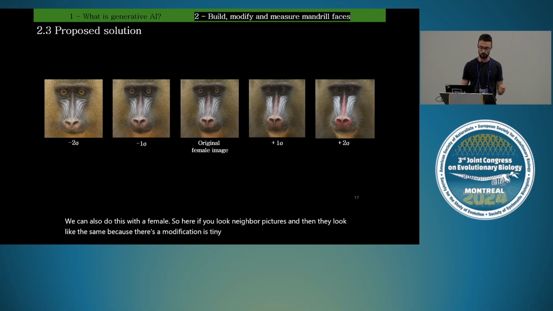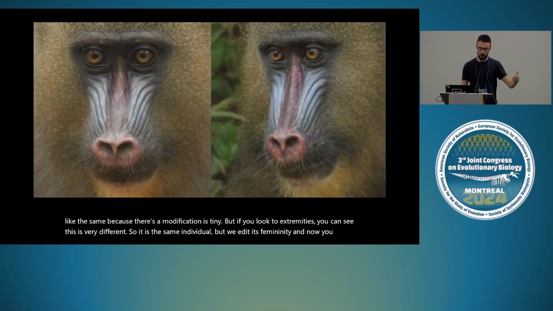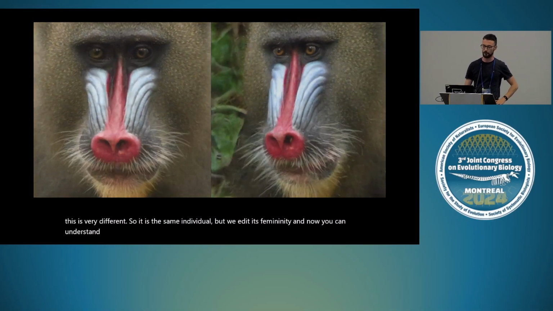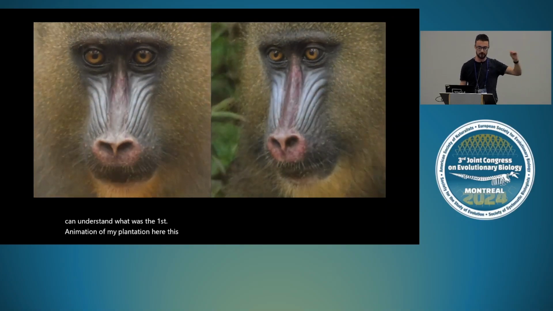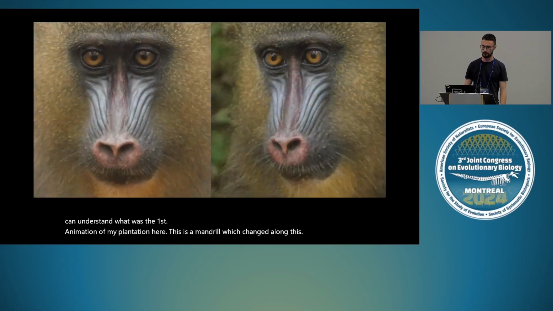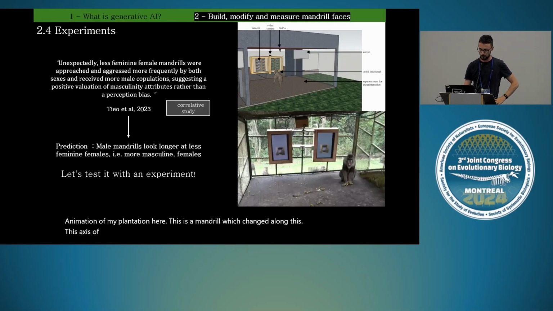But if you look to extremities, you can see this is very different. So this is the same individual, but we edit his femininity. And now you can understand what was the first animation of my presentation. Here, this is a mandrill which changes along this axis of sex.